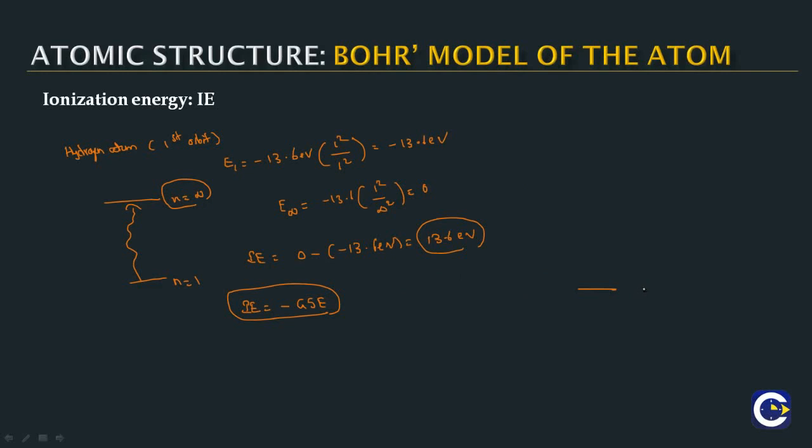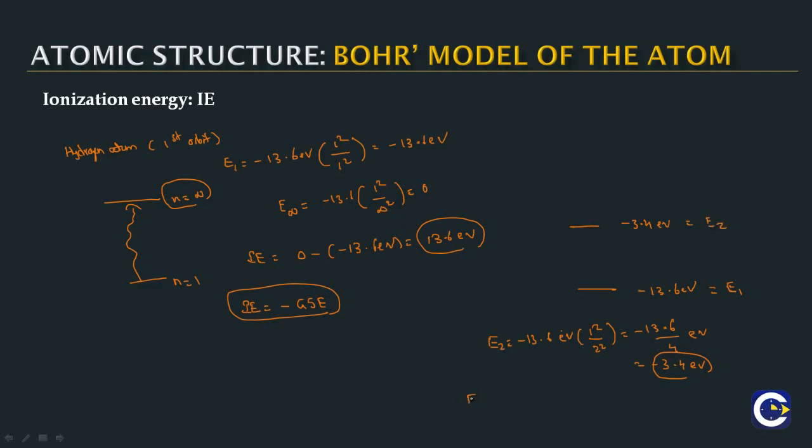In hydrogen, the first orbit energy E1 will be -13.6 eV, and the second orbit E2 will be -13.6 eV × 1²/2², which is -13.6/4, nearly -3.4 eV. This is E2.